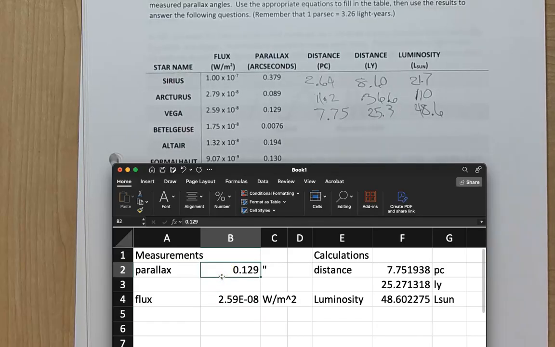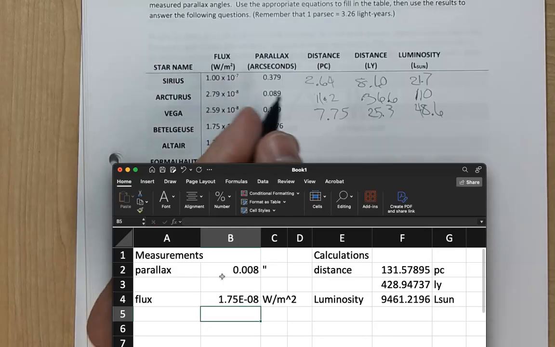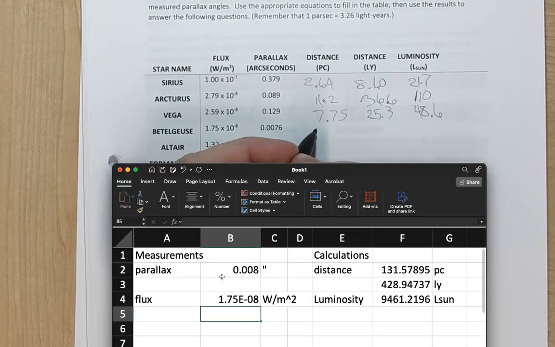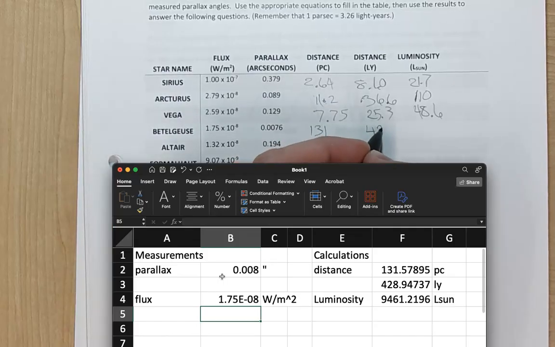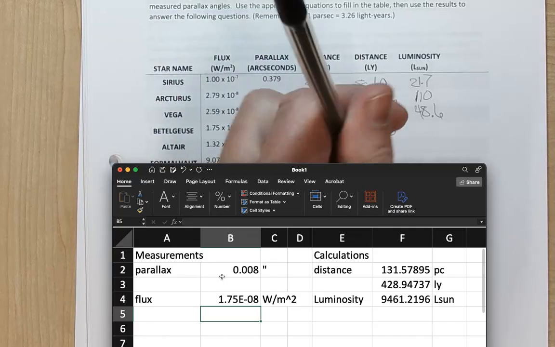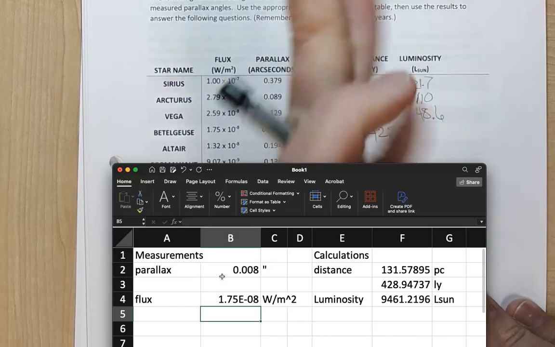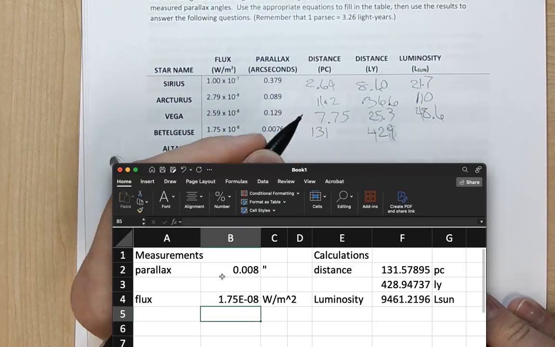All right, how about Betelgeuse? 0.0076 arcseconds of parallax and a flux of 1.75 e minus 8 watts per square meter. Betelgeuse is 131 parsecs away, or 429 light years away.